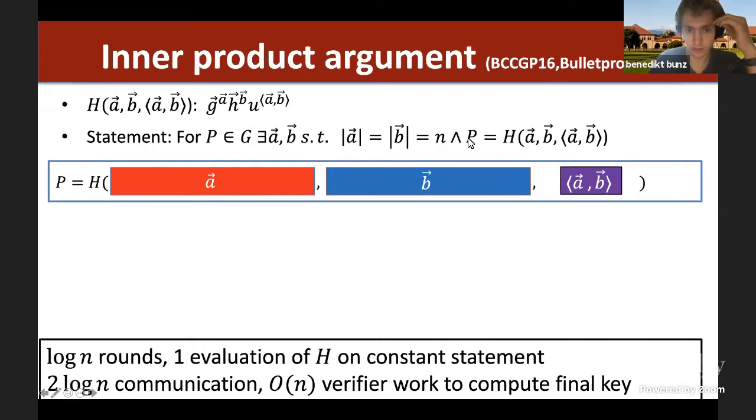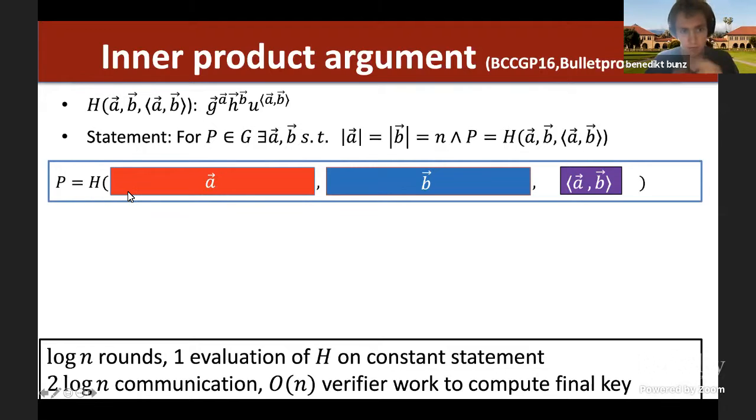The commitment function here is denoted by H, and in particular, it's a Pedersen commitment. A and B are elements in a prime field, and you commit to them using this Pedersen commitment, and to the inner product of A and B.